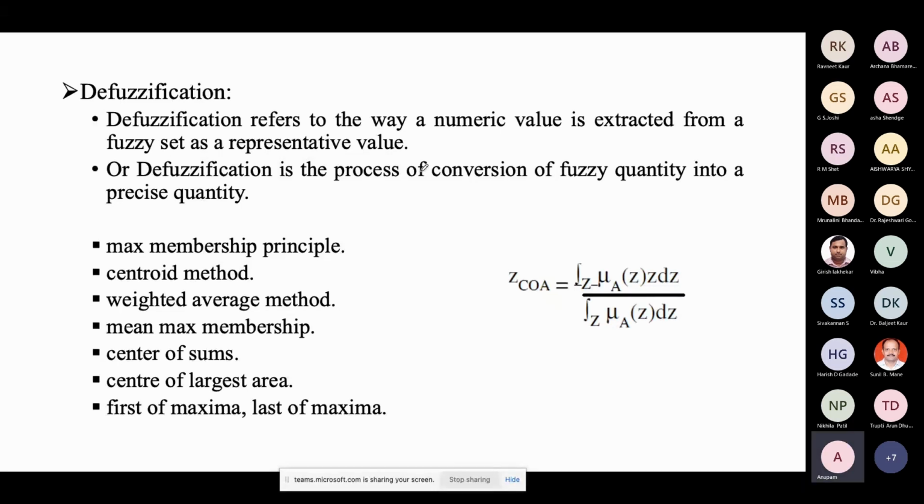Because when we apply this controller to some plant, like motor control, robot control, and many other applications, we have to change the fuzzy value to a crisp value, and that is done by the defuzzification method. It is the process of conversion of a fuzzy quantity into a precise quantity. Precise stands for crisp also, right?